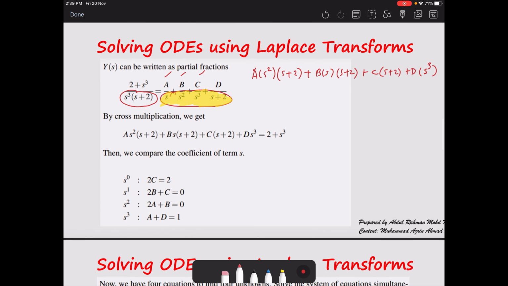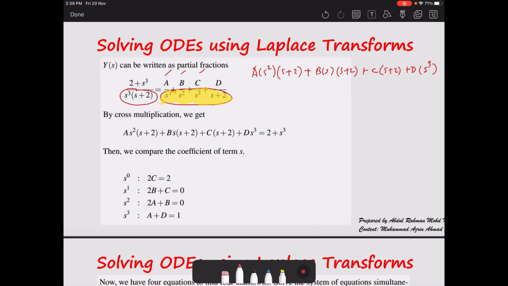Look at here. When you multiply all those things, basically we get the expression over s cubed, s plus 2. Since the denominator for the left hand side is equivalent to the right hand side, you can equate the numerator. So the numerator over here is equivalent to the numerator on the left hand side.